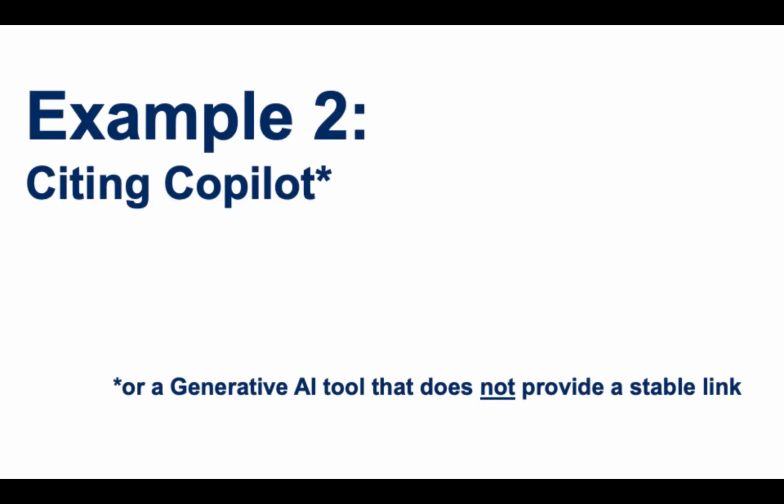In this next section, we'll be using Copilot as an example of an AI tool that does not provide a stable link to prompts and responses. Citing this type of tool requires a slightly modified list of items.